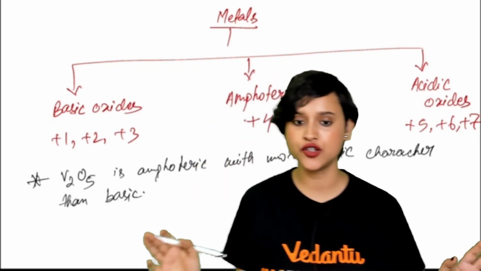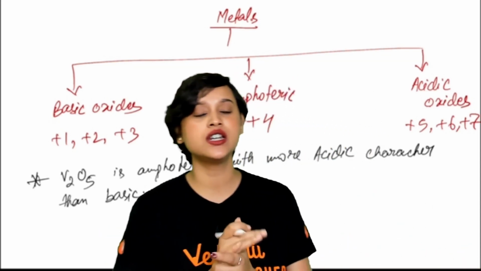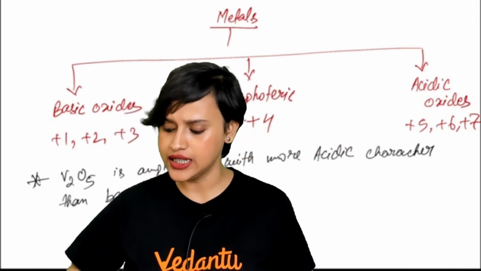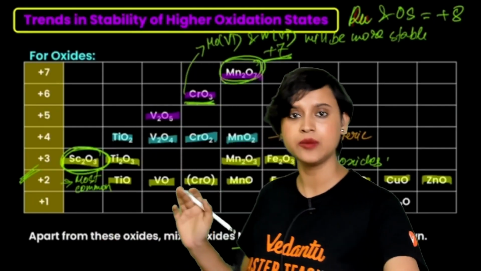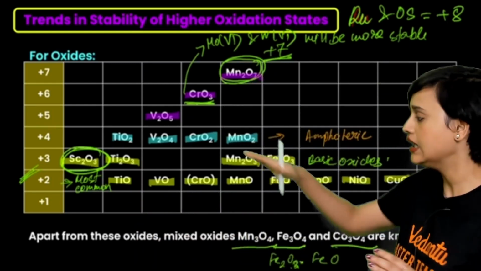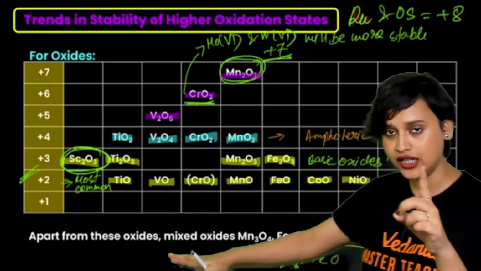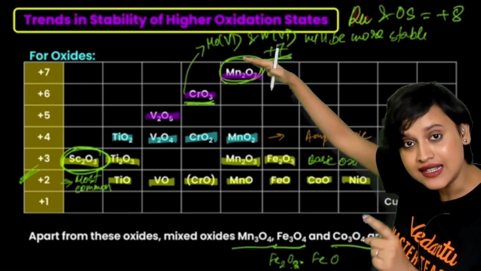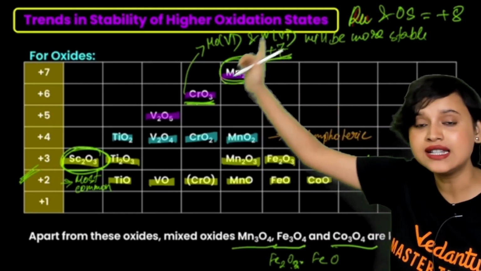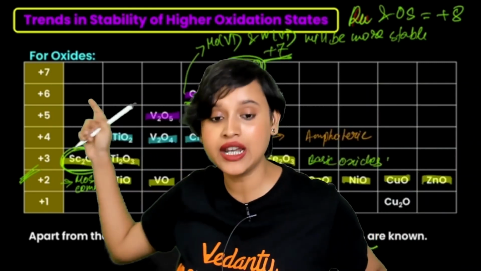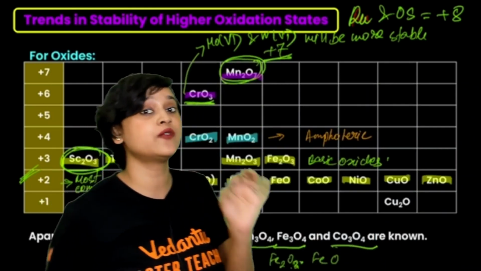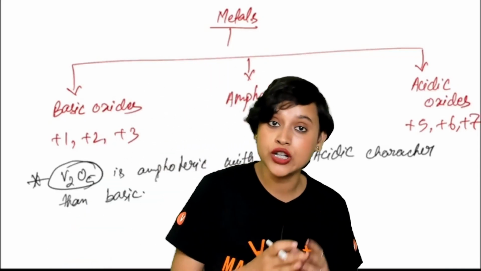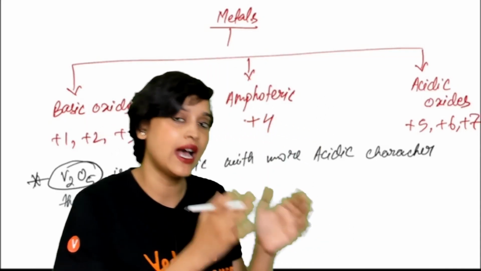Cool, everyone understood? Yes. So the highest oxidation number is achieved by manganese, +7. Just making a note of whatever we have just studied: the lower oxidation states are basic in nature, the intermediate ones are amphoteric, and the higher ones are acidic in nature. Mn2O7, CrO3 and V2O5. V2O5 is amphoteric, it's an exception, just make a note of it. It is amphoteric, but it does have a more acidic character.